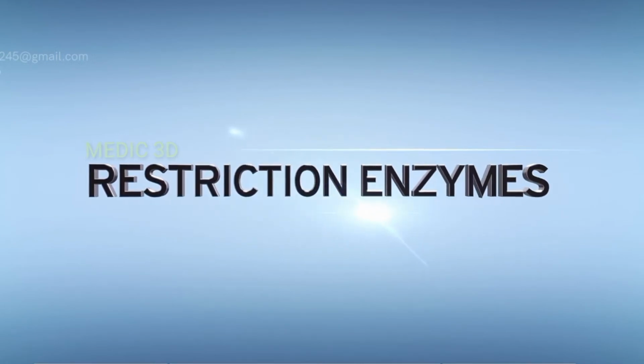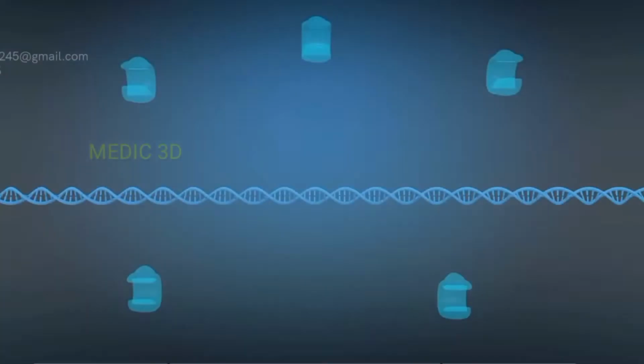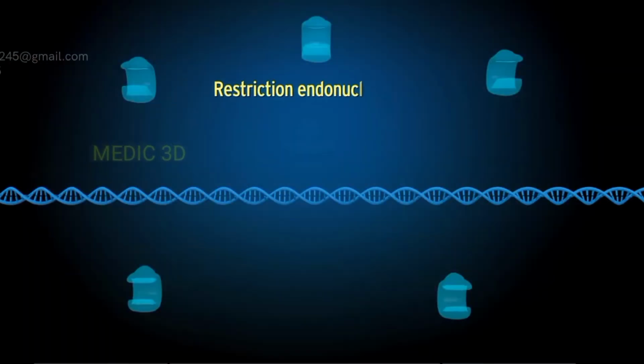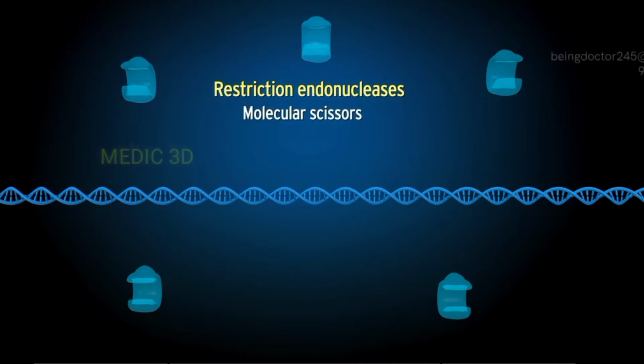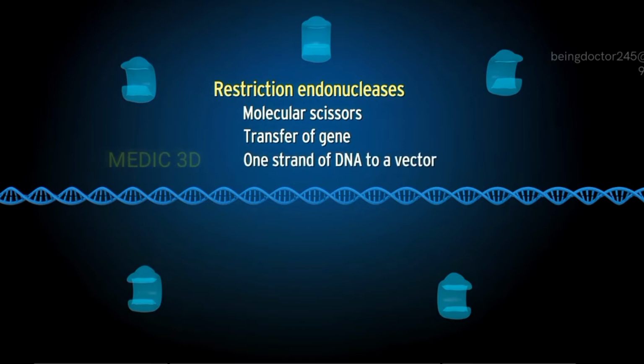Restriction enzymes. Restriction endonucleases are enzymes that act as molecular scissors to allow the transfer of a gene from one strand of DNA to a vector.